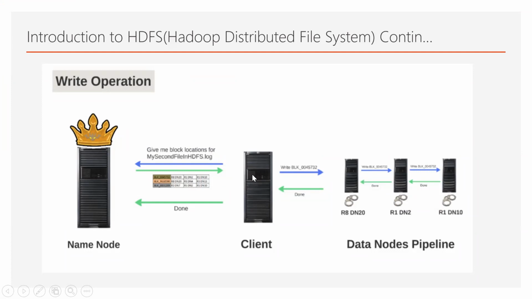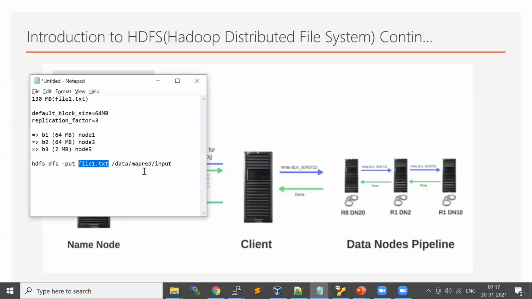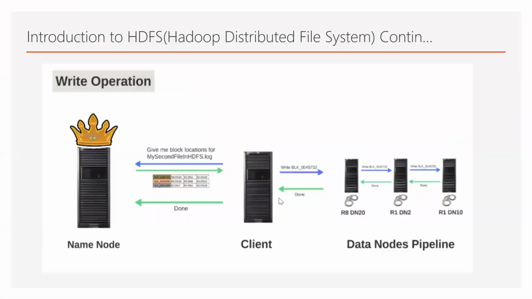Then, as per our example, block one has to be stored on node one. The HDFS client takes block one and stores it on node one.